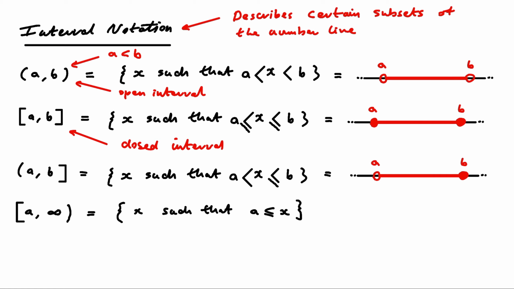There's no need to have any condition on the other side. You don't need to say it's strictly less than infinity, because infinity isn't really a number. This is just a symbol to allow us to unite the idea of open and closed intervals with the idea of only having a bound on one side. So infinity is not a number. This is just notation. This is the infinity symbol. It's not a number.